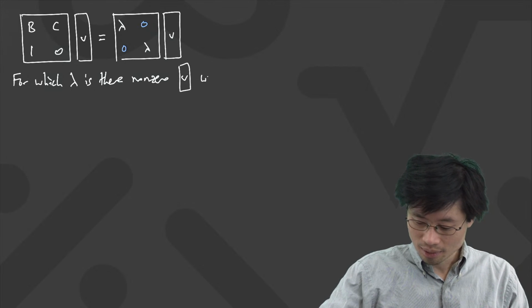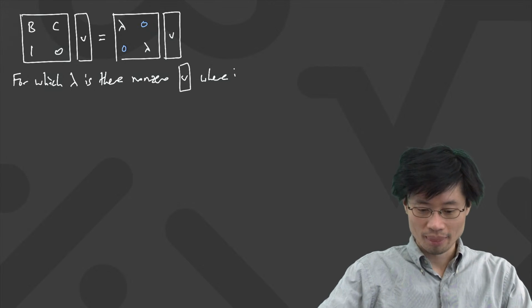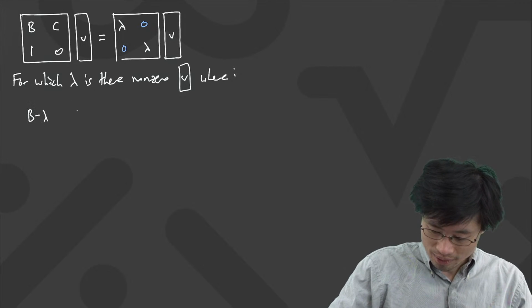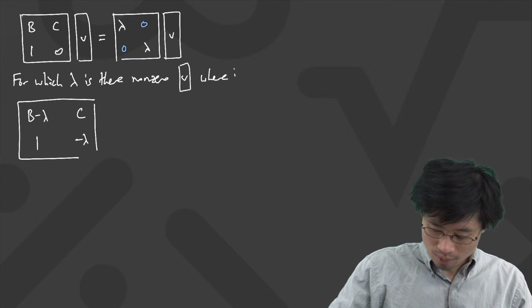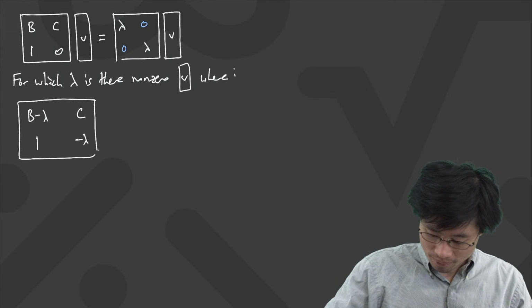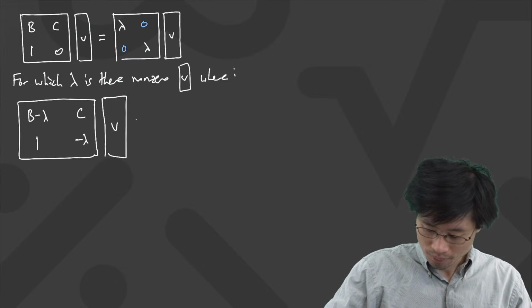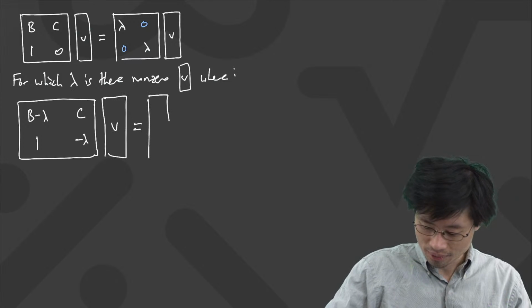Non-zero v where I have b minus lambda, c, 1, and negative lambda, multiplied by your v, equals the 0, 0.